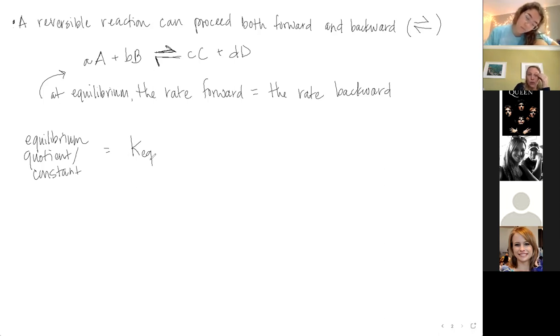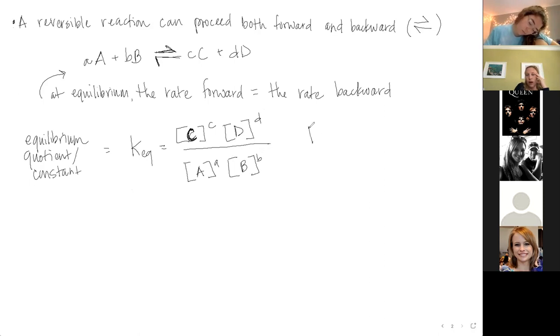So our equilibrium constant, our constant that is representing when we have the same rate forward as the rate backwards, is equal to our compound C raised to its molar concentration, our compound D raised to its molar concentration, over our compound A to its molar, and then B to its molar.